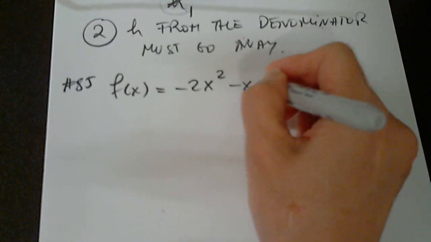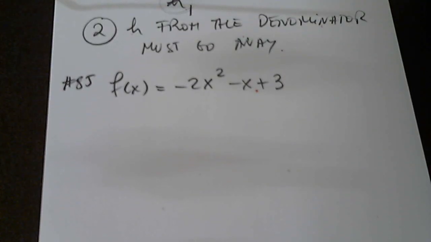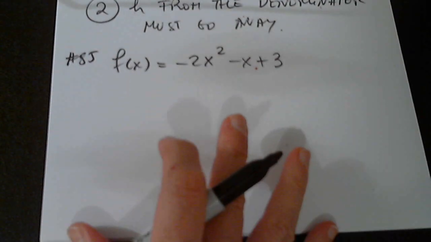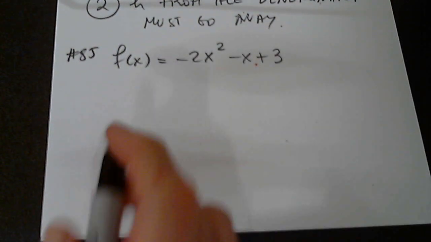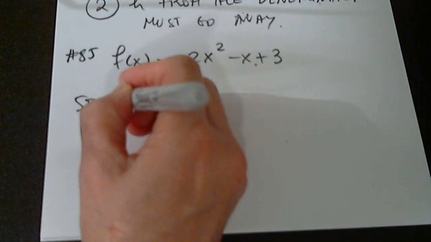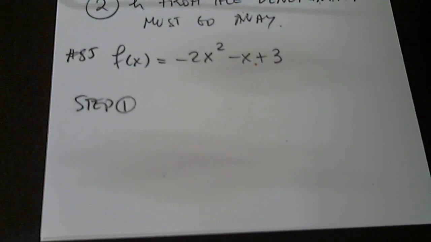Minus x plus 3. Can anyone guide us through the first step? What do we have to write first? Let's say step 1. What do I have to write? That is the formula.